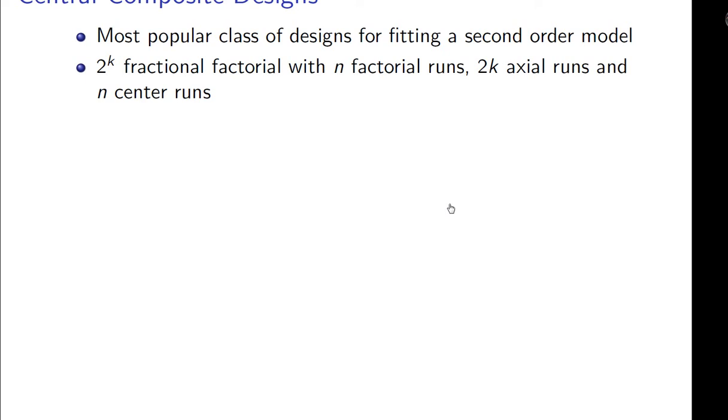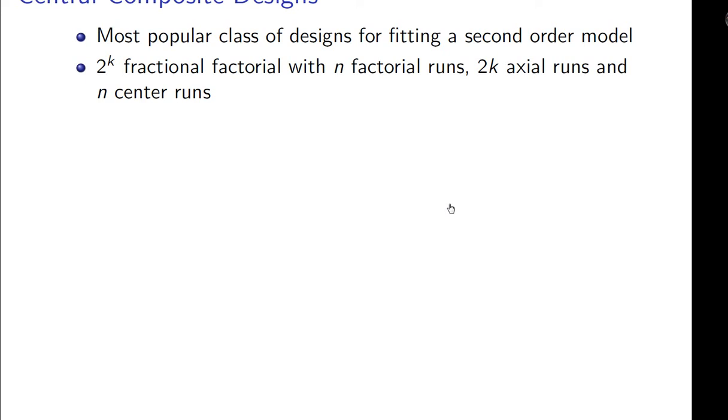And a central composite design, as you saw in the previous slide, is composed of several parts. One begins with a 2 to the k fractional factorial design, which has n equal 2 to the k experimental runs. There are 2 times k axial runs, as you saw in the 2-dimensional and 3-dimensional case. And then there are n center runs. We need the additional n center runs to interpolate this second order model.